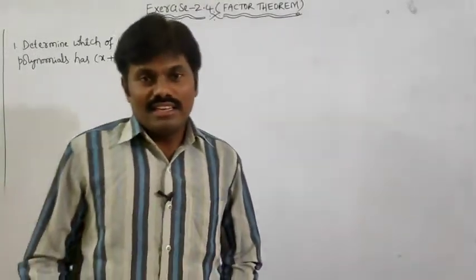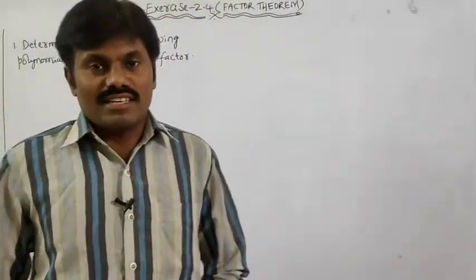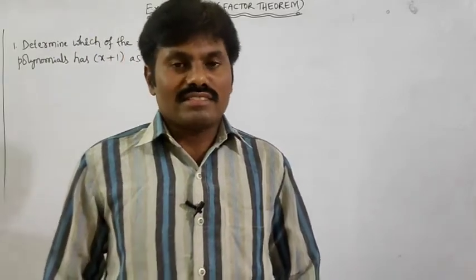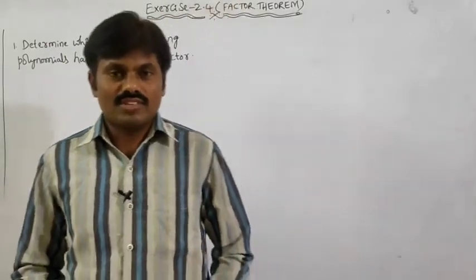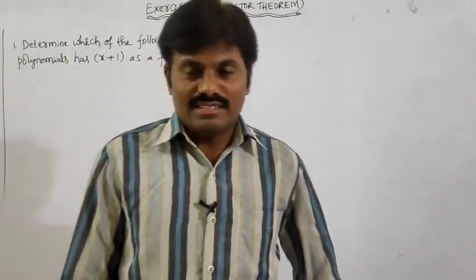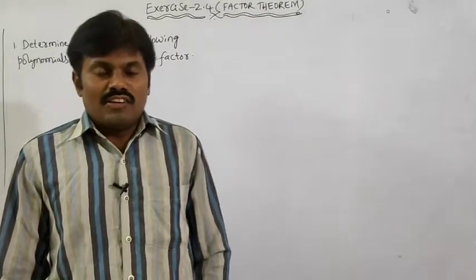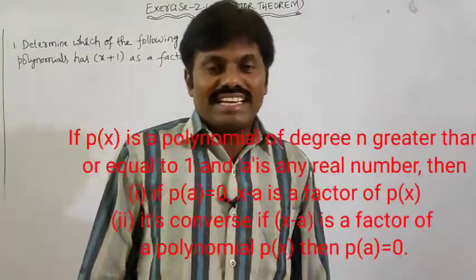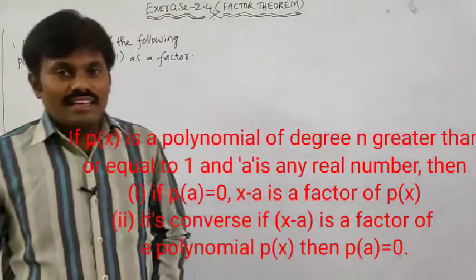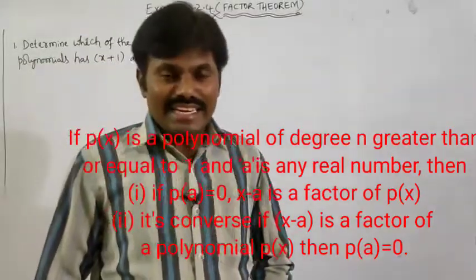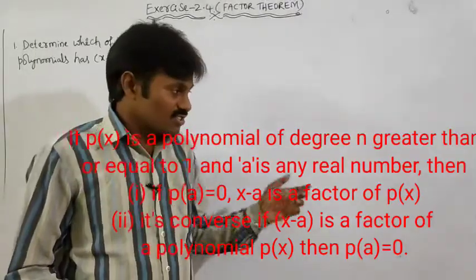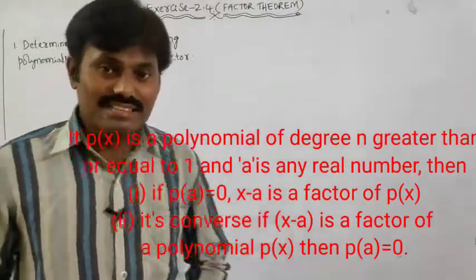In the previous class we learned the statement of the factor theorem. So what is the statement? If p of x is a polynomial of degree n greater than or equal to 1 and a is any real number, then if p of a is equal to 0, then x minus a is a factor.